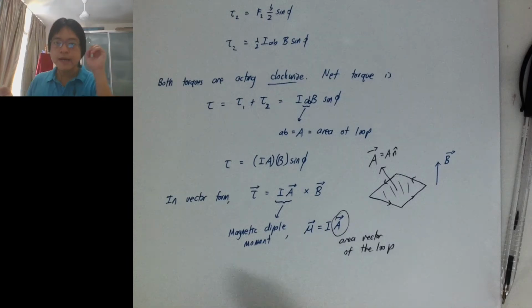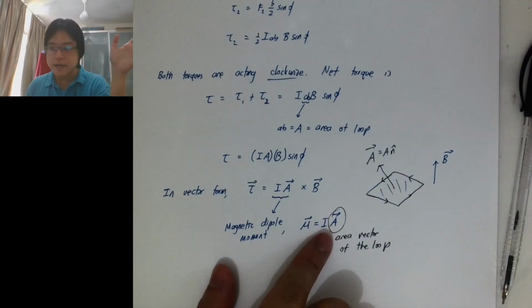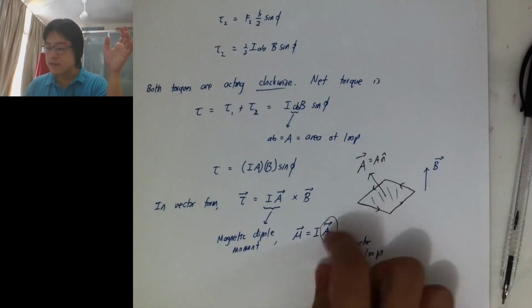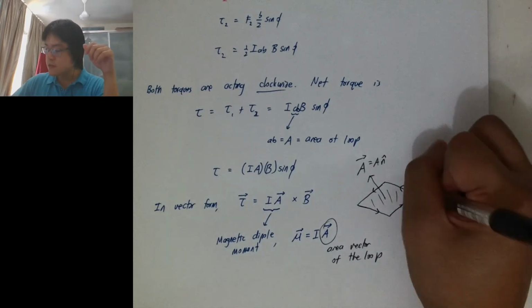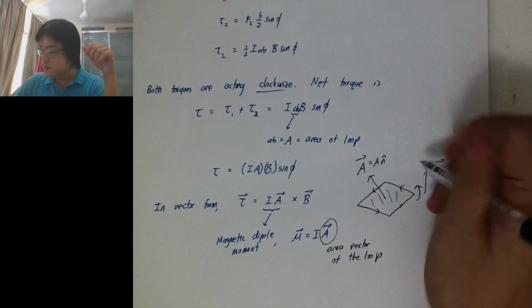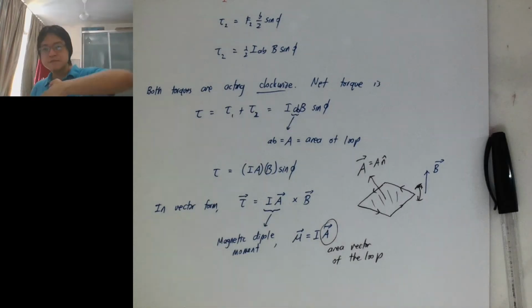So once I have a current loop, and I can figure out the area vector, I can cross product with B, then it will experience a torque. So this will cause it to rotate if you put it in a magnetic field.